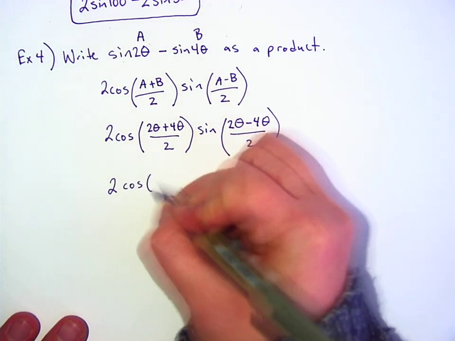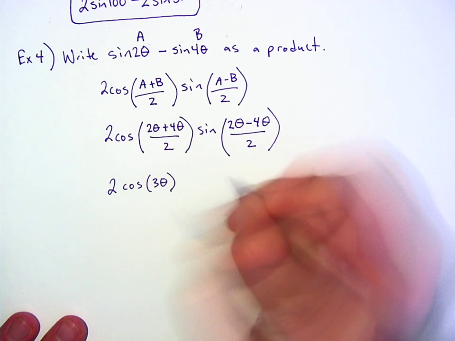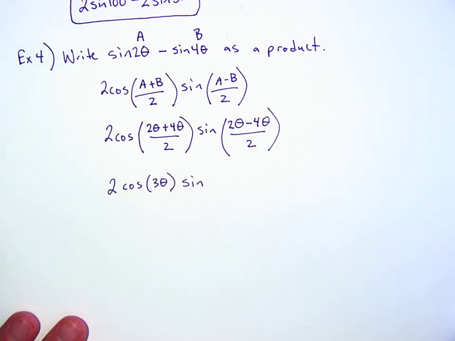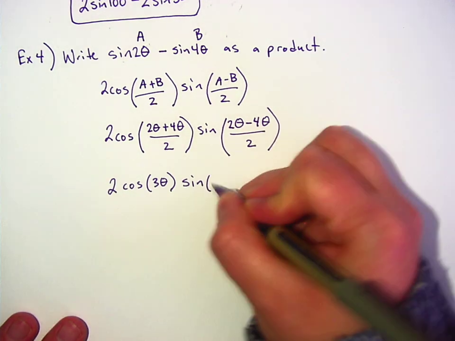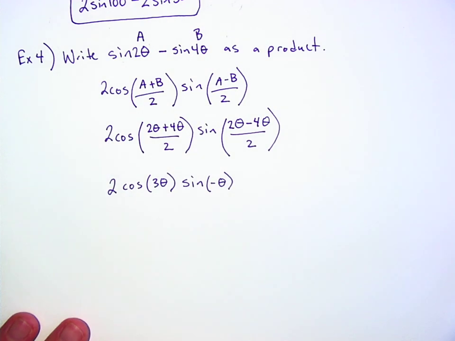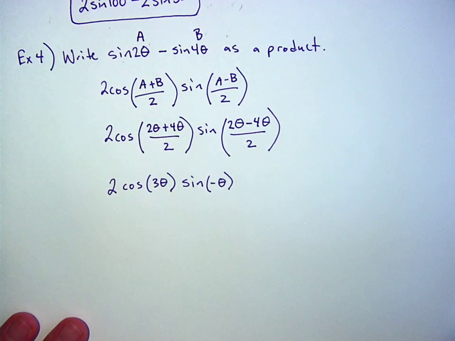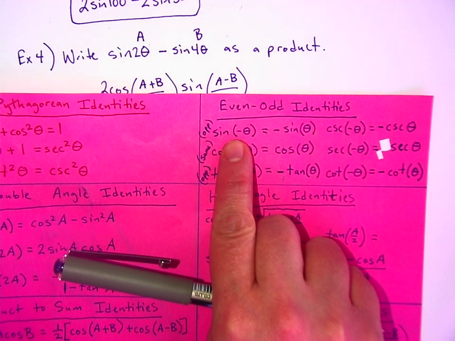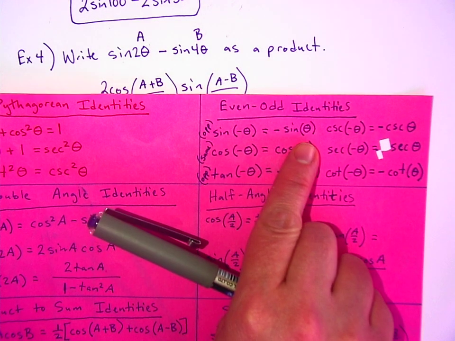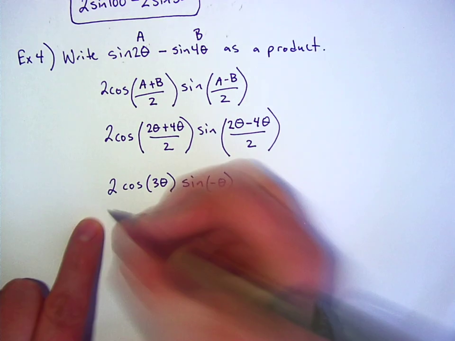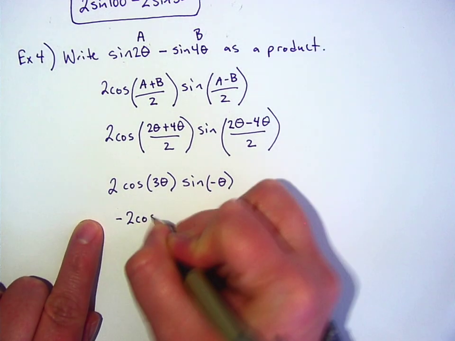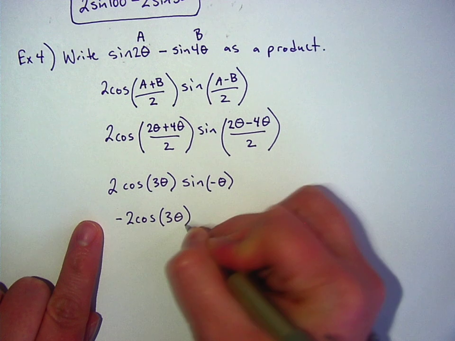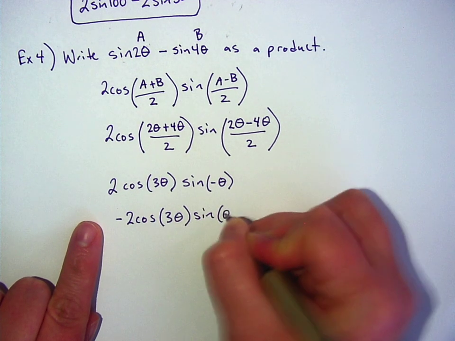So cosine of 3 theta. Sine of 2 theta minus 4 theta is negative 2 theta divided by 2. Negative 1 theta. I don't like that there's a sine of a negative theta though. Do you remember this one on the top right, the sine of negative theta equals negative sine of theta? That just puts a negative up front. Final answer is negative 2 cosine of 3 theta sine of theta. And that's it.